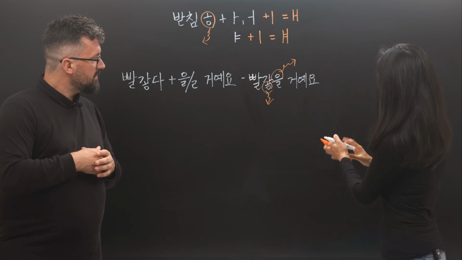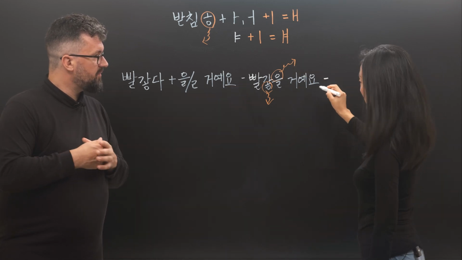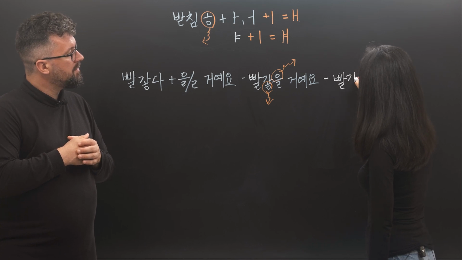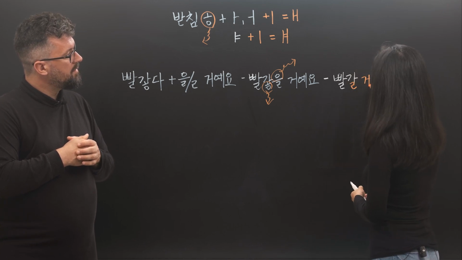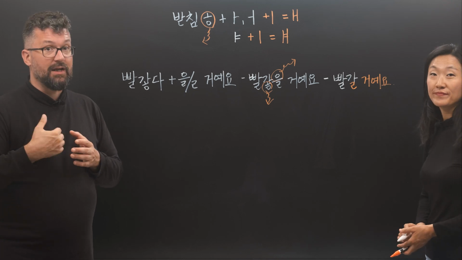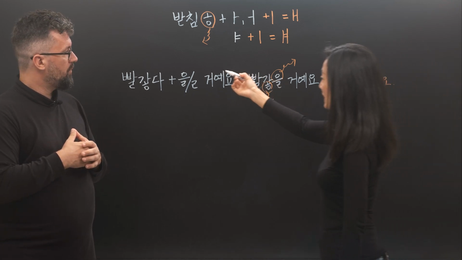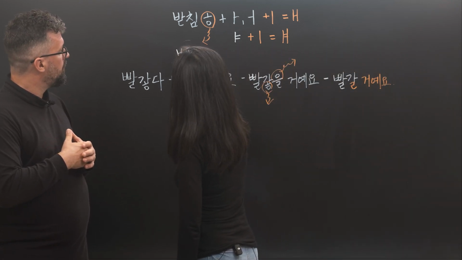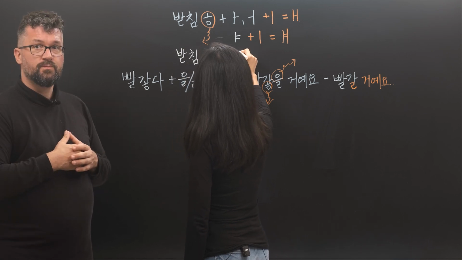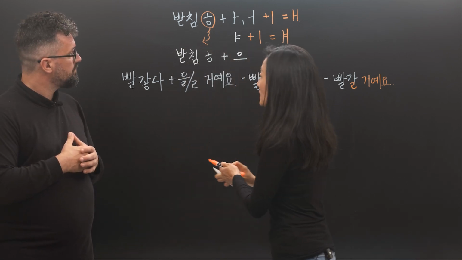Then ㄹ becomes the Batchim of the previous syllable, yes, then 갈 거예요. 빨갈 거예요.